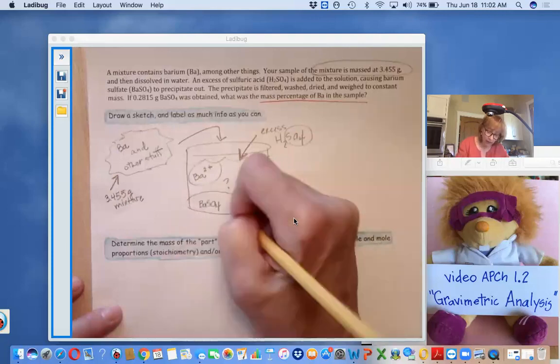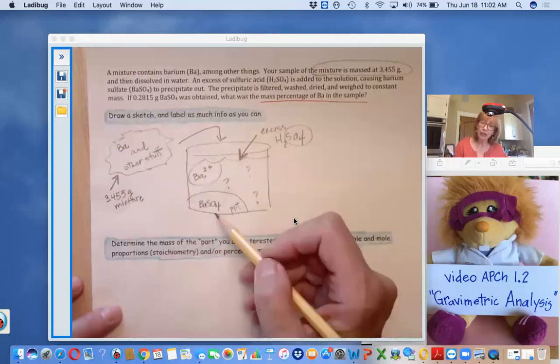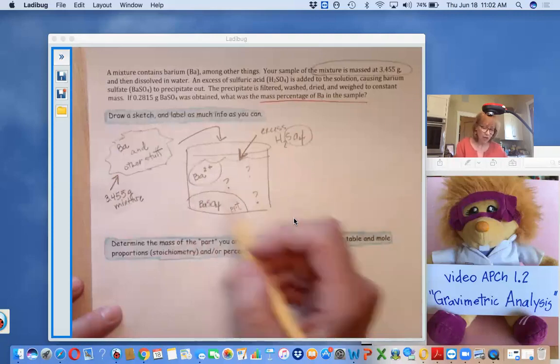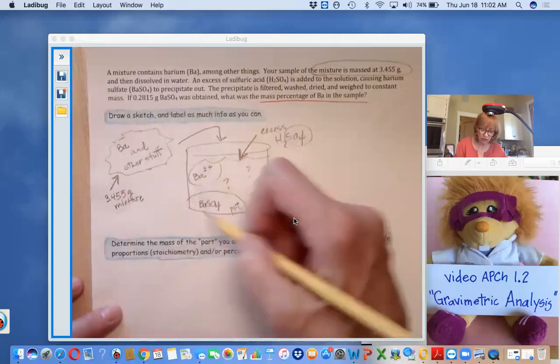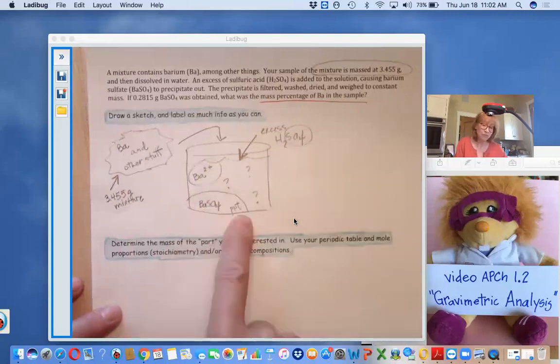Here's my abbreviation for precipitate. A precipitate is simply a solid that appears in solution and it will not dissolve. So I could take a stir rod and stir and stir and stir this solution.